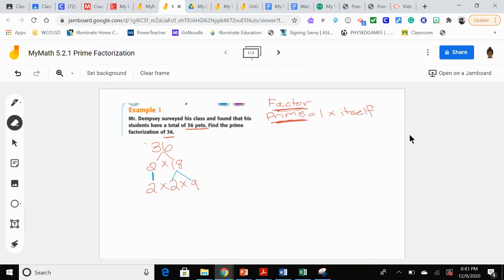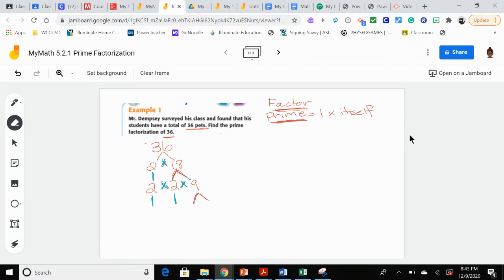Okay, so I'm going to change these multiplications to blue too, so you can see the numbers. I do know that the 2's are prime. The 9 is not a prime. So that I'm going to break down. I'm going to factor that out into 2 other numbers.